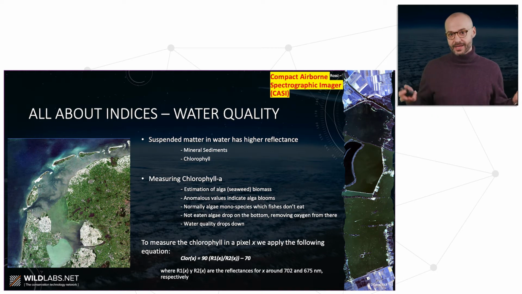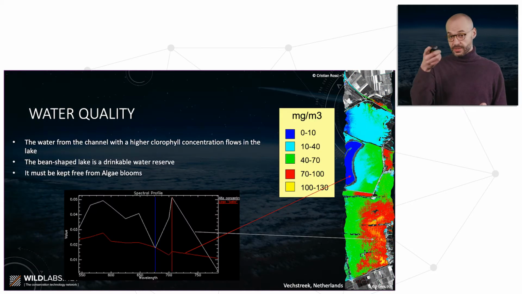Algae means a higher quantity of chlorophyll. And by studying the quantity of chlorophyll in the lake itself, we can understand whether there is a good drinkable quality or a poor drinkable quality. We see this in this plot. What is probably remarkable here is the spectral profile that we see.